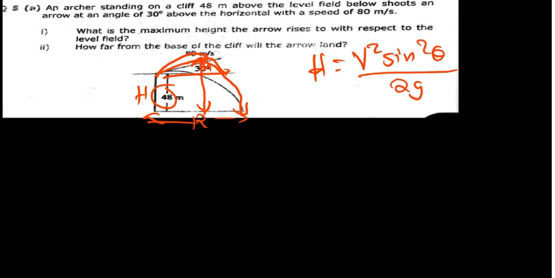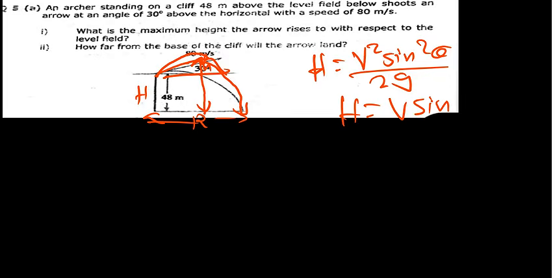Always when they ask you about the maximum height in the third trajectory, use this formula to find this h here, then add it to this one. To make things simple, you can write the formula this way: h is equal to v sine theta, then you square it, divided by 2g. Let's plug in the values.